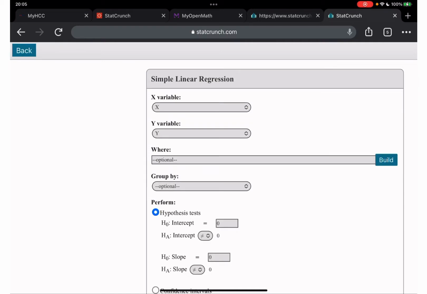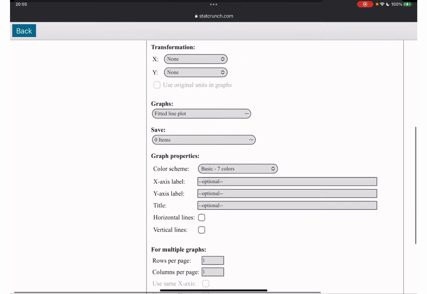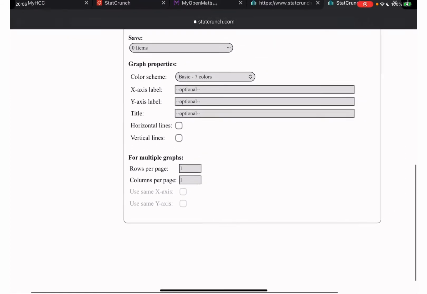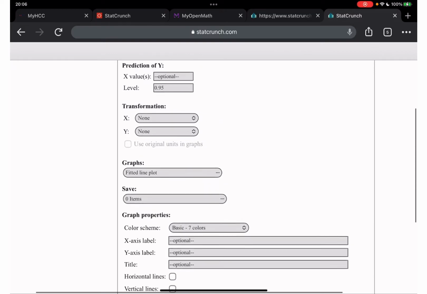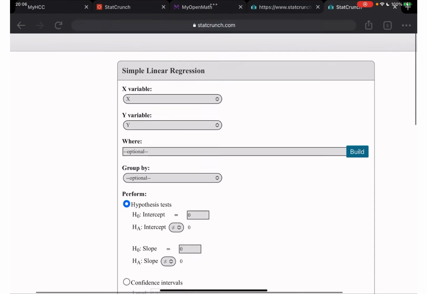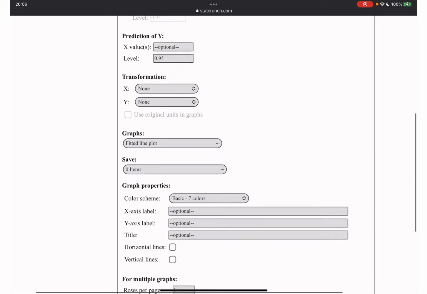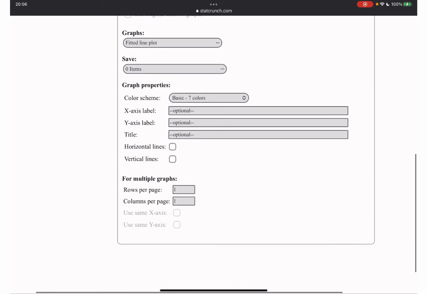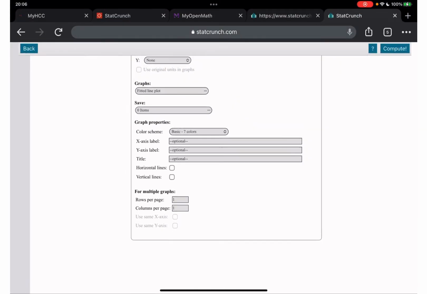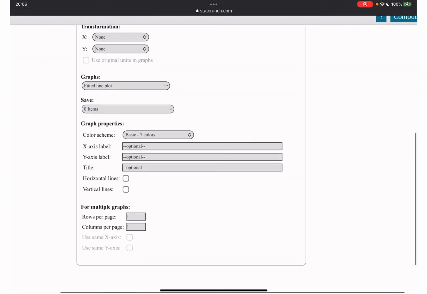Edit. And here we are going to choose, where is it? Let me see, maybe it should be on the next page. There should be residual here.